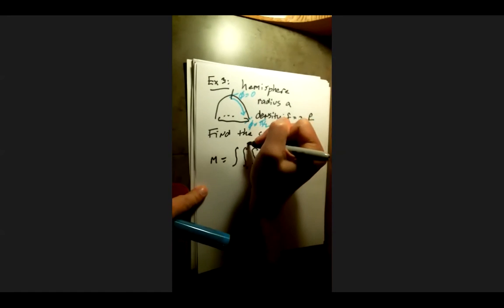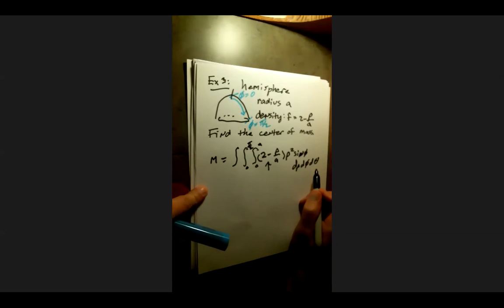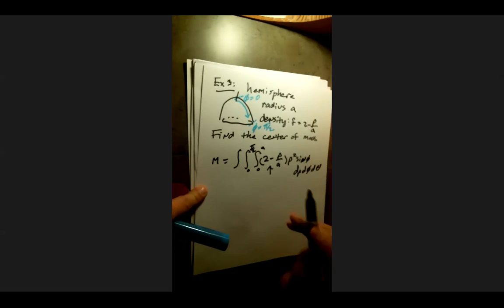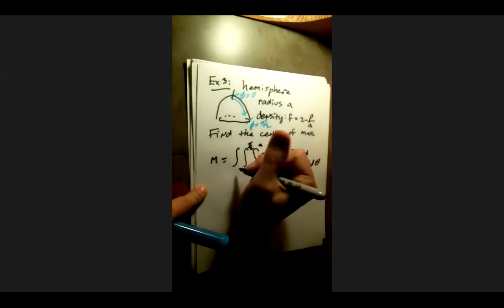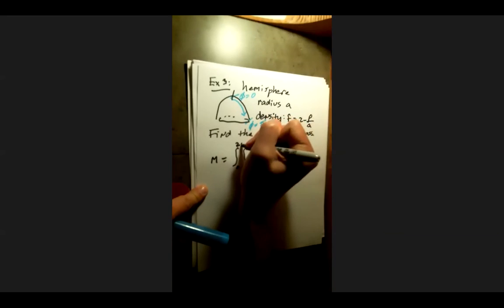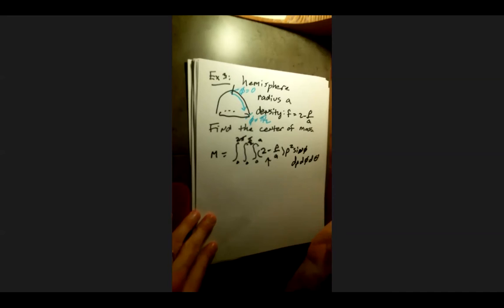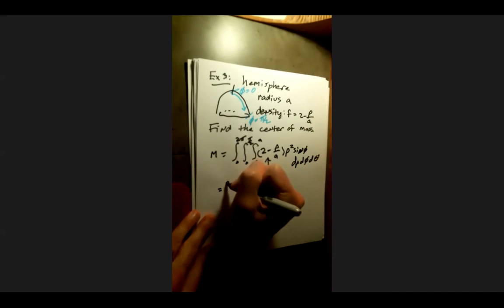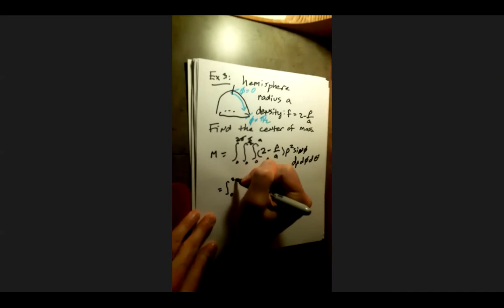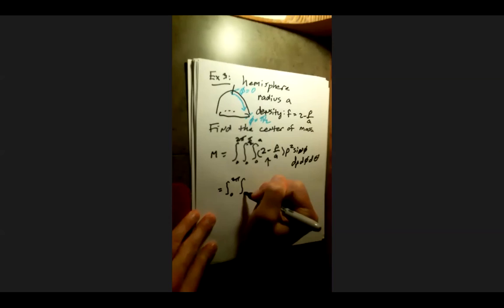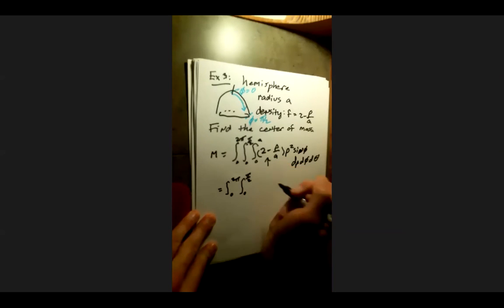0 to pi over 2. And then our thetas, that's where we have the full revolution, so we'll go 0 to 2 pi. So 0 to 2 pi, just cleaning it up, 0 to pi over 2.